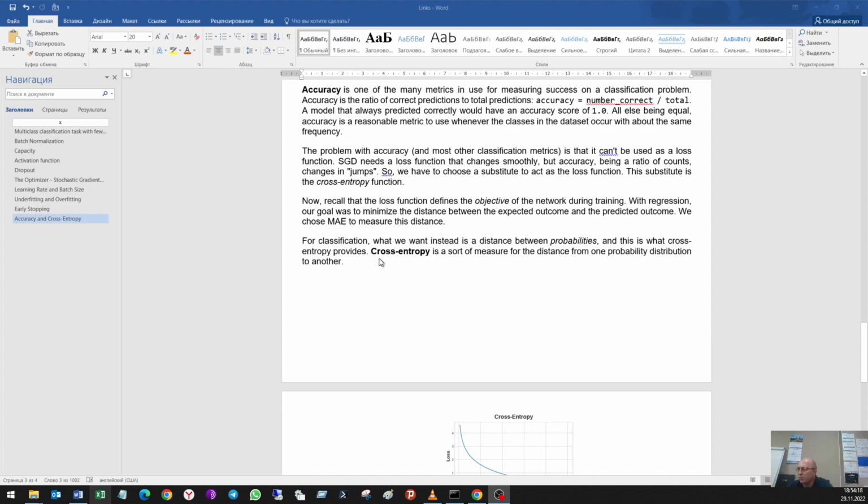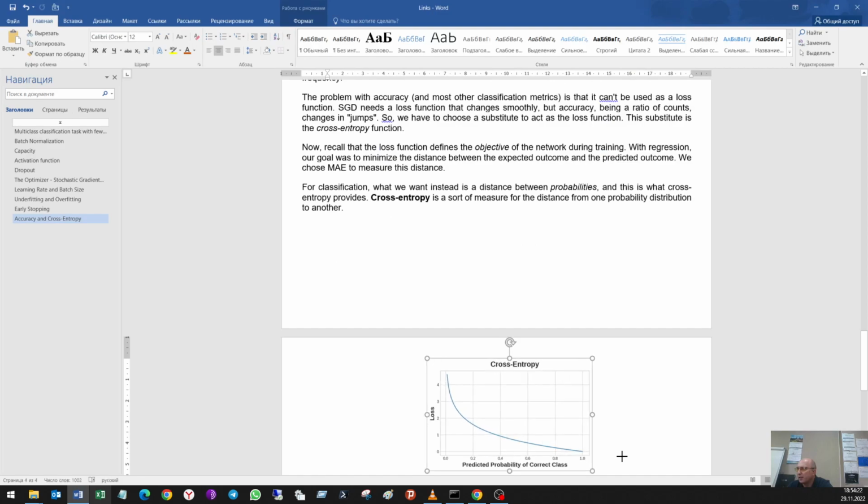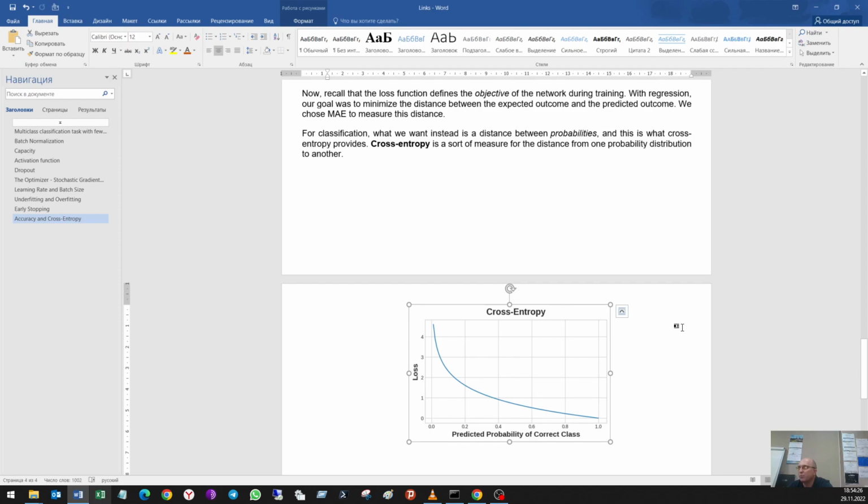For classification, what we want instead is a distance between probabilities. And this is what cross entropy provides. Cross entropy is a sort of measure for the distance from one probability distribution to another.